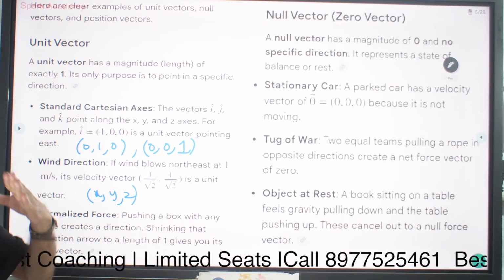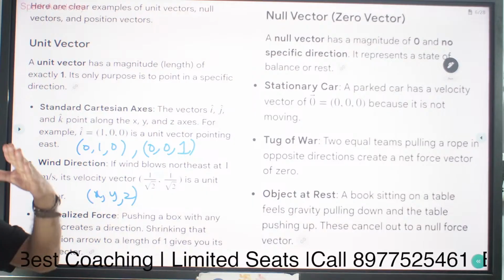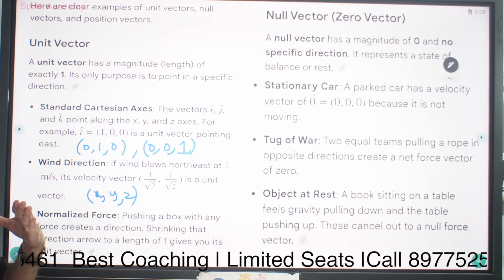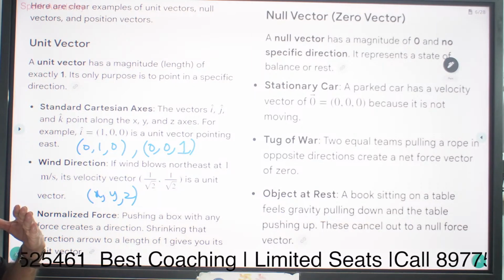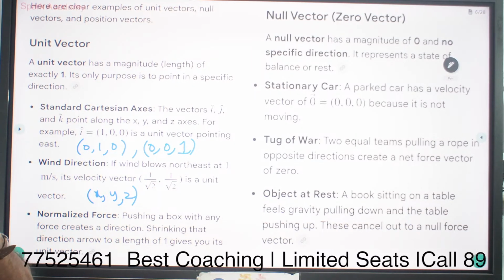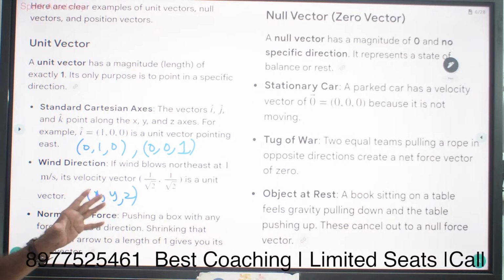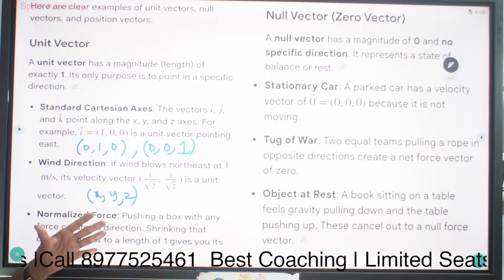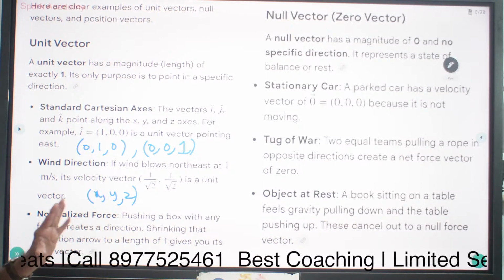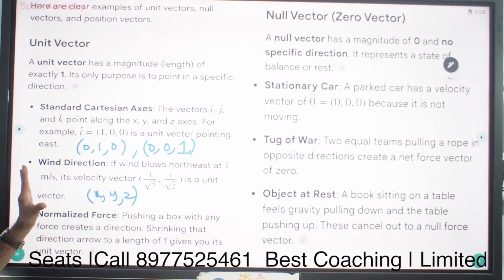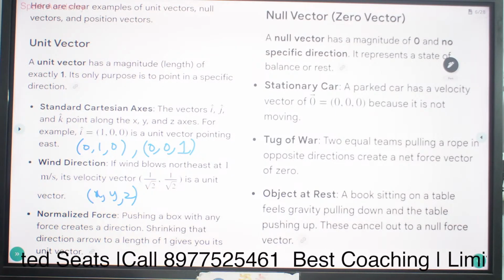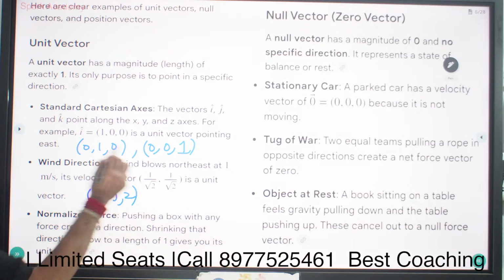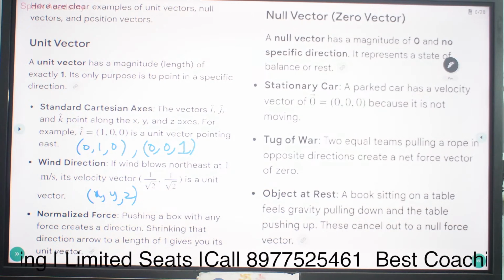If you apply the Pythagoras theorem, it will be the square root of 1 square plus 1 square, that is root 2. If you want the direction, then sin theta will be 1 by root 2. So this is one way you can measure wind direction.